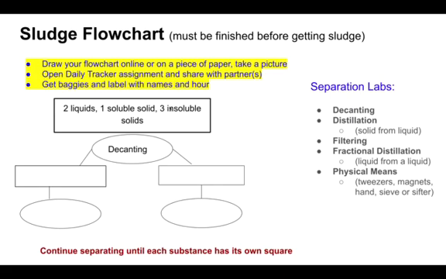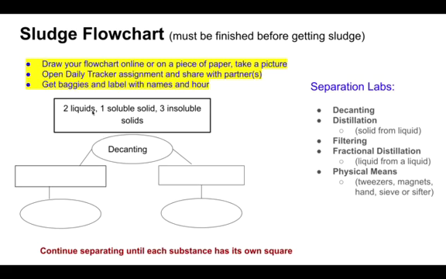Now, for the flowchart, you are going to be starting with 2 liquids, 1 soluble solid, and 3 insoluble solids all mixed together. And then you are going to use a flowchart with circles showing processes and boxes showing the materials that are the results of those processes.